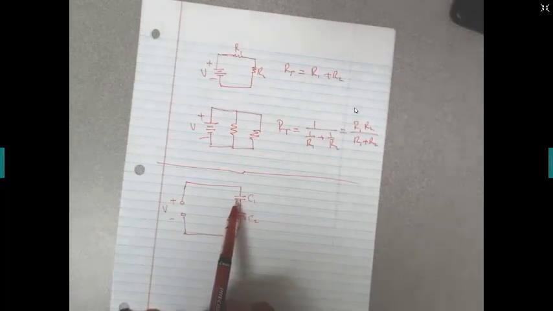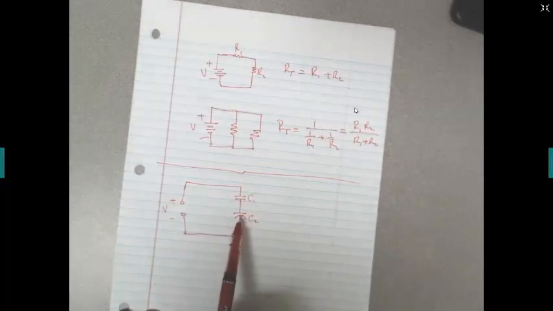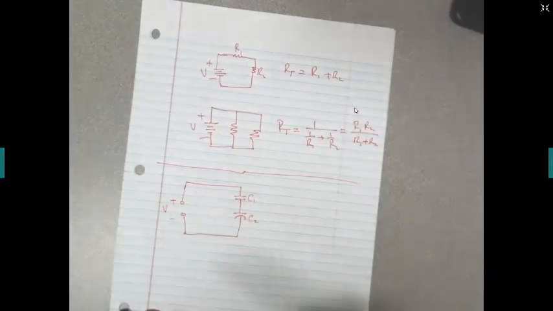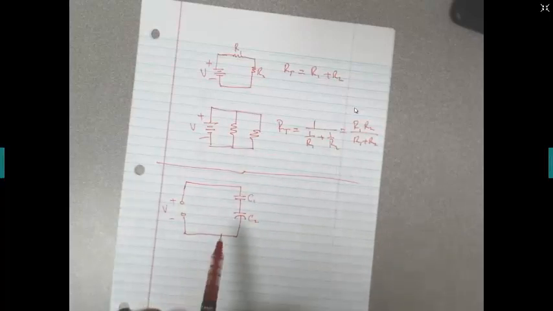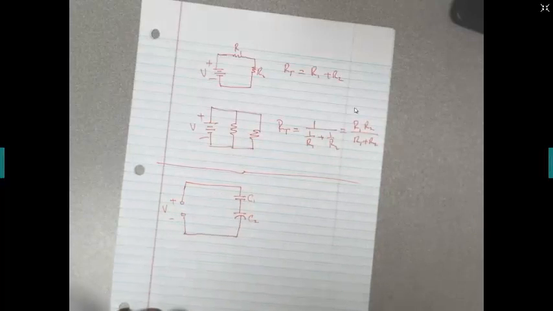The reason why I drew this capacitor with two straight lines, and one with one straight line and a curvy line like this, is just to show you that this is exactly the same thing. Some literature, some books, will show the capacitor like this, or they can show it like this, but that does not make a difference, at least at our level.